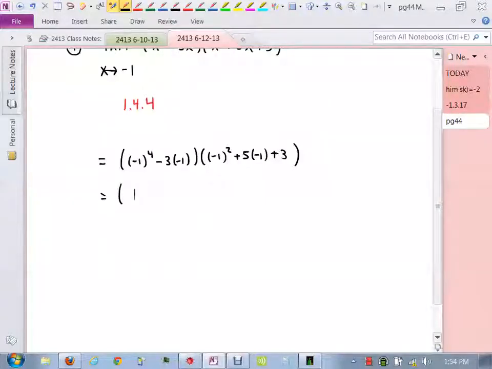What's -3 times -1? +3. And then what's -1 squared? 1, and then -5, and then +3. So we get 4 times what? -1, which is -4.